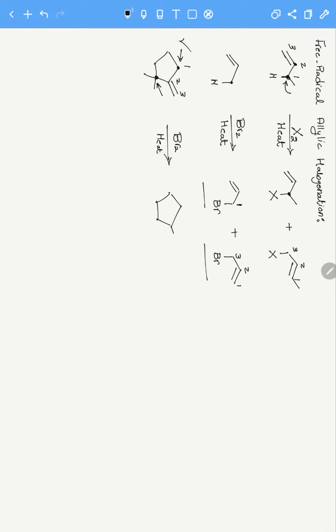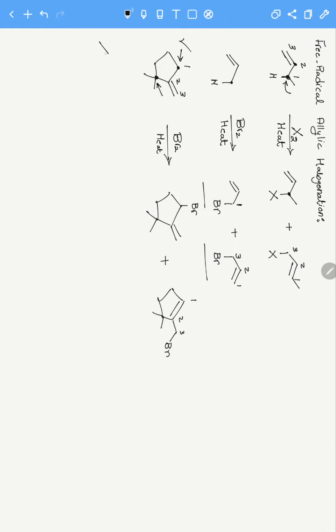In this case, first bromine will be here, and then after moving the double bond, so this is now 1, 2, 3, I will add bromine to position 3.